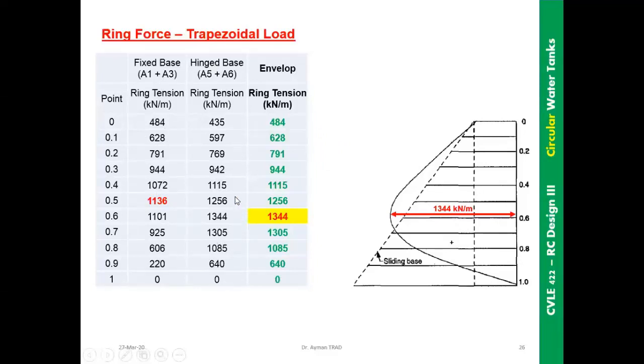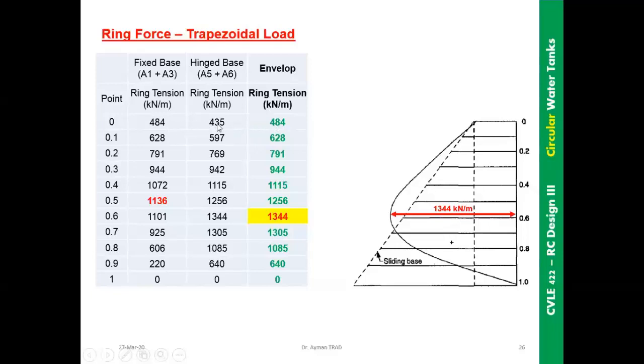هلا الانفلوب I have to look to the maximum one in the fixed base or in the hinged base. حيطلع معي الأكبر شيء، بكل فيني أعمل envelope diagram إني بكل لاين شوف الأكبر بين أول value والتاني.